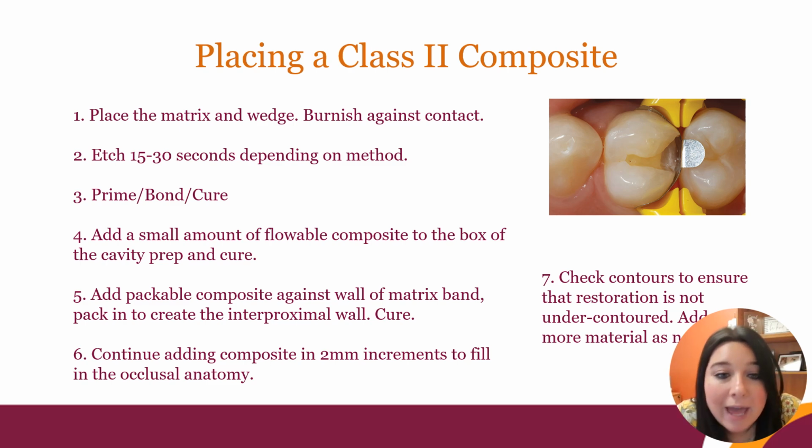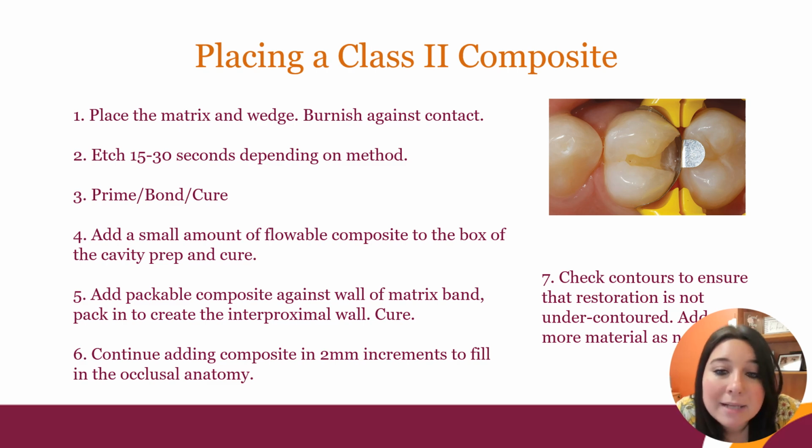So then you cure that, and then step 5, add packable composite against the wall of the matrix band. We really want to focus on building up that wall and turning this filling into a Class 1 composite ultimately. So we're going to fill up that wall, make sure you're compacting against the band, and then cure that.